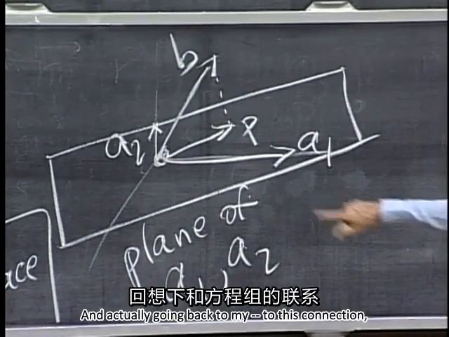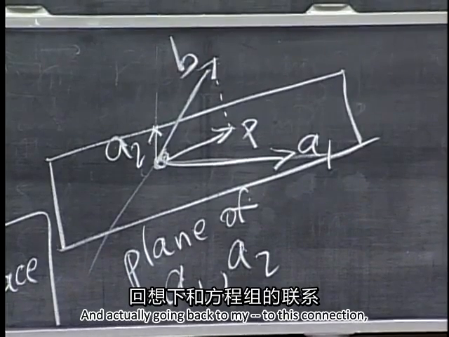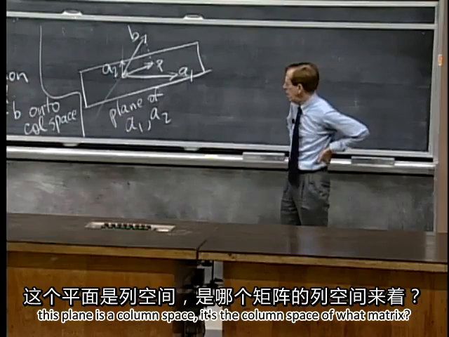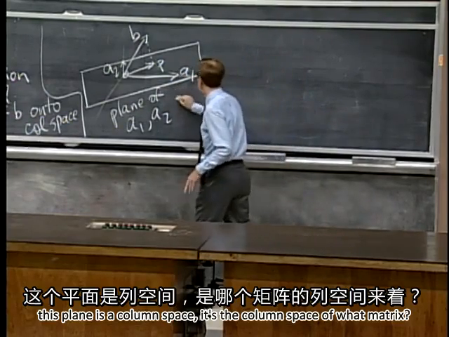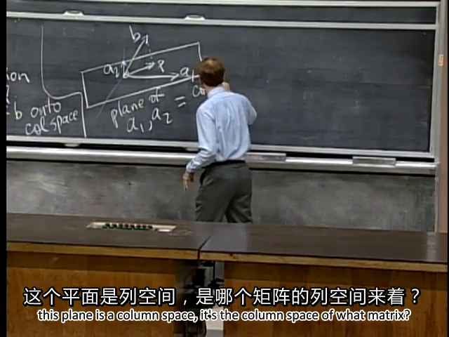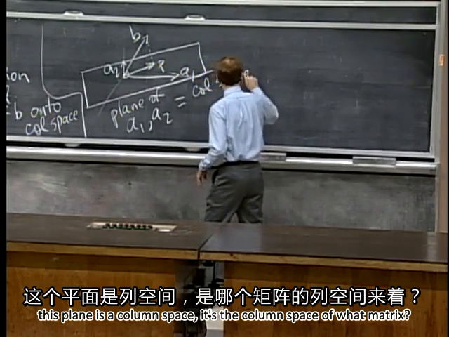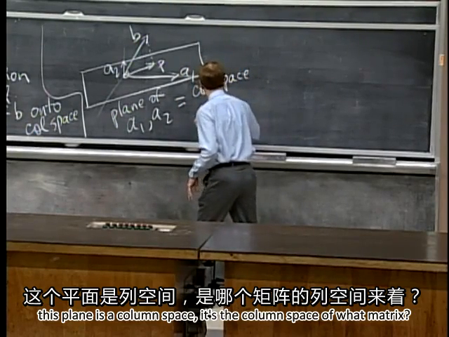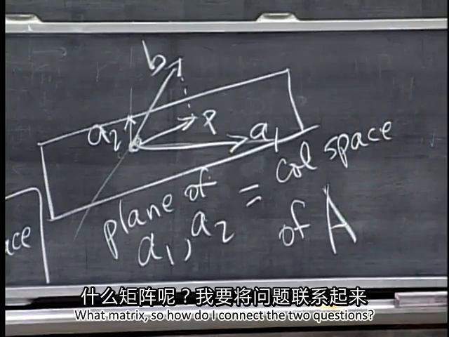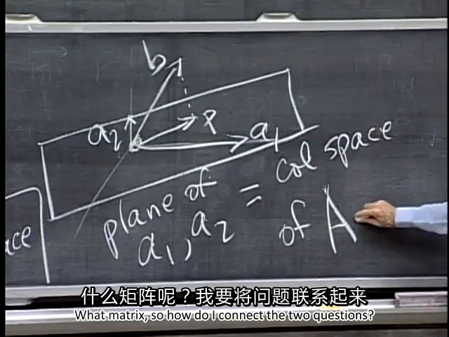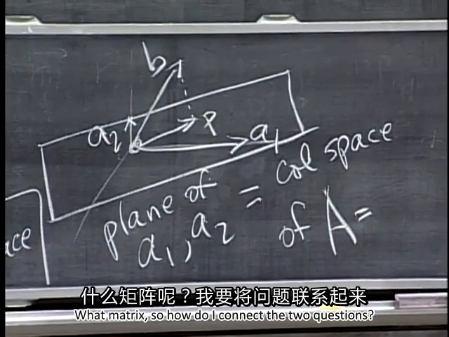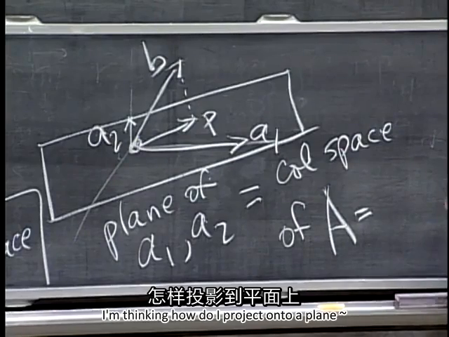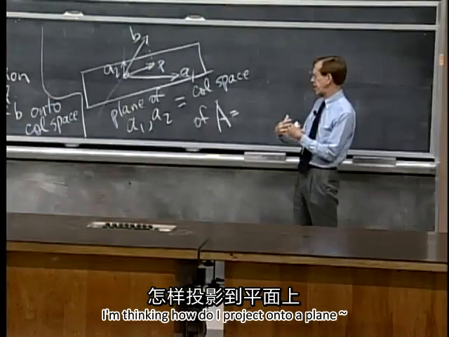And actually, going back to this connection, this plane is a column space. It's the column space of what matrix? So how do I connect the two questions? I'm thinking, how do I project onto a plane?